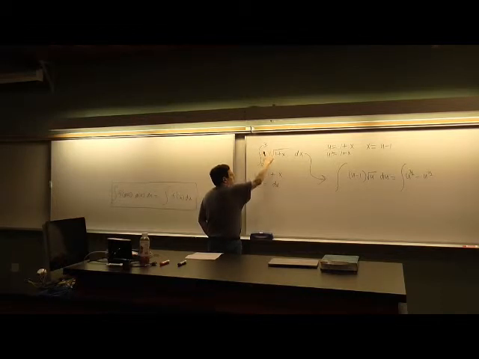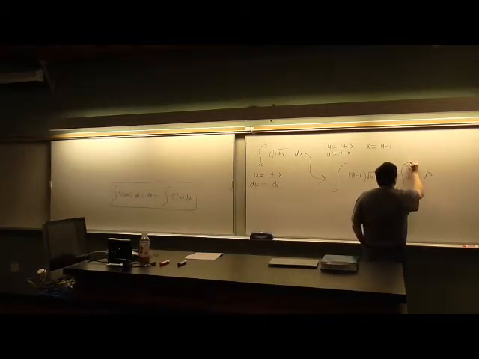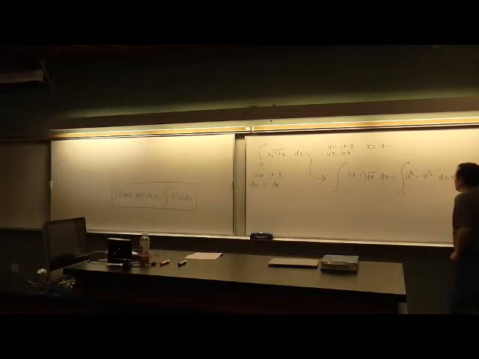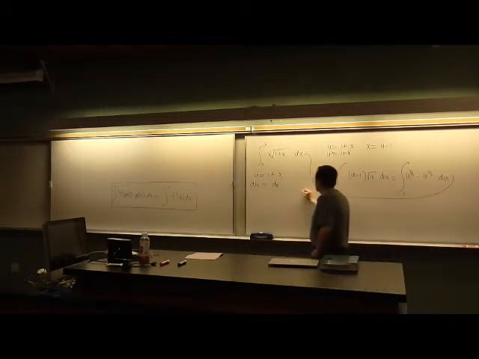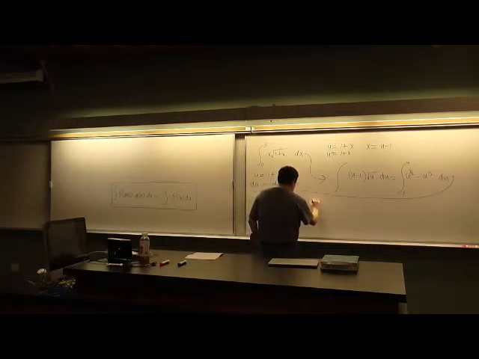I'm going from 0 to 3 in x, so in u it's 1 to 4. Back here, u to the 3/2 is going to be u to the 5/2 over 5/2, minus u to the 1/2 integrates to u to the 3/2 over 3/2, which just multiplies it by 2/3.